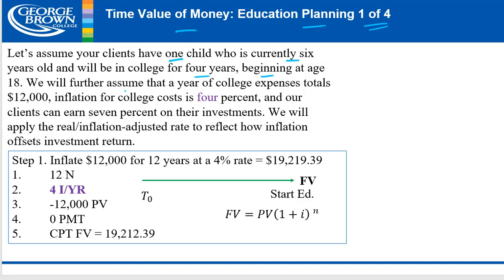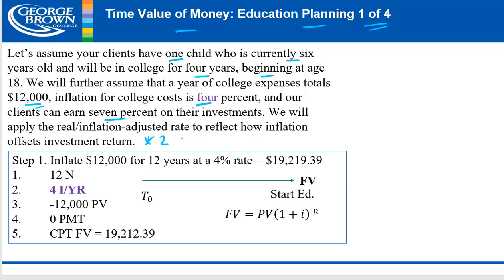We will further assume that a year of college expenses totals $12,000 in today's dollars. Inflation for college costs is 4%, and our clients can earn 7% on their investments net of any fees. We will apply the real adjusted rate to reflect how inflation offsets investment return. We do that in step number 2, actually, when we use the inflation adjusted rate.